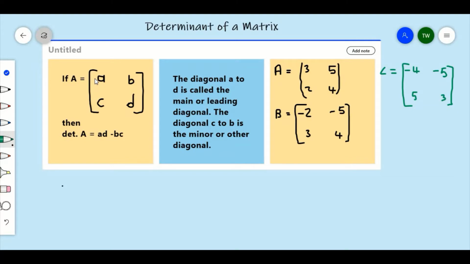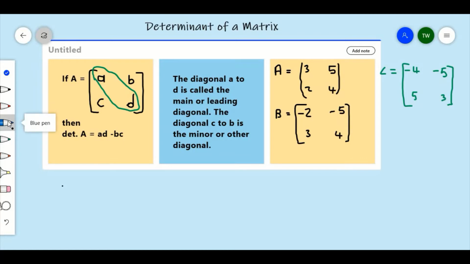So if I highlight this AD, this is what we call the main diagonal or the leading diagonal, right? So here AD is just the leading diagonal minus the other diagonal or the minor diagonal, which would be BC in this case.